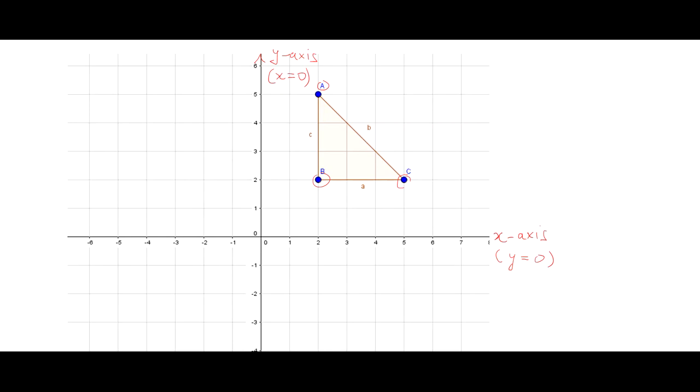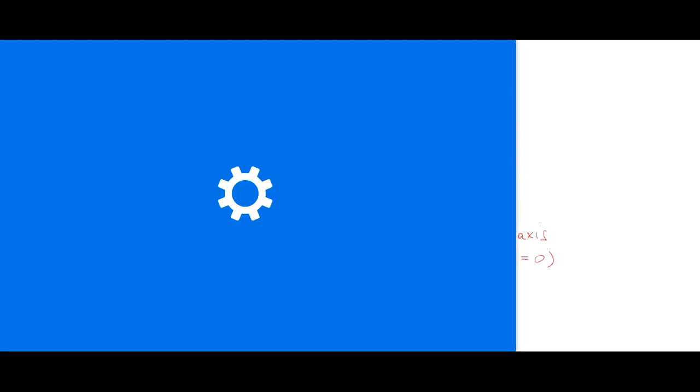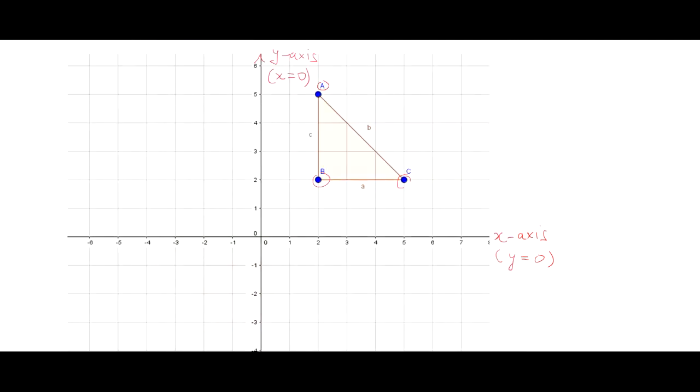So whenever you have to do a reflection, you need to indicate what the mirror line is. We are going to use the y-axis as our mirror line, or the line x equals 0.